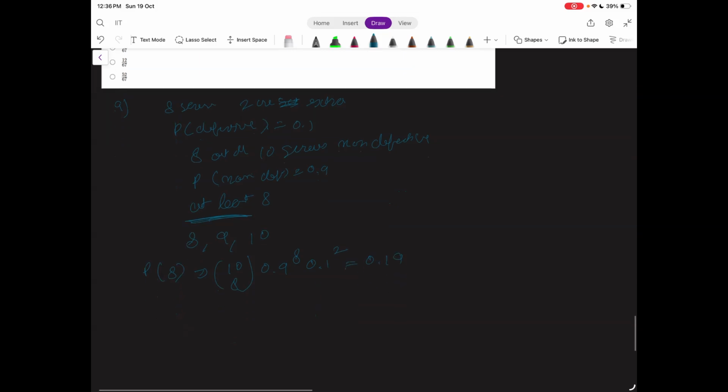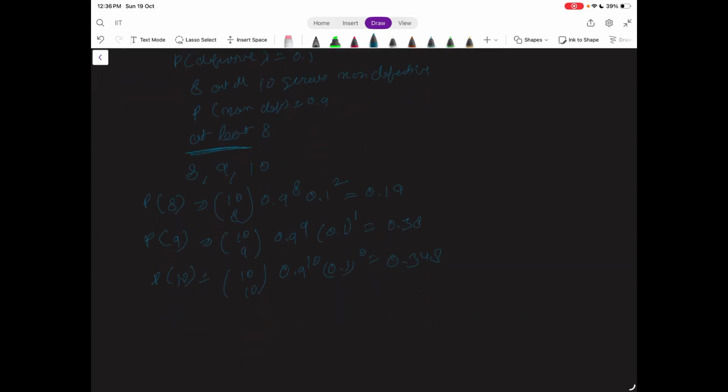The probability of having 9 non-defective screws is 10 choose 9, 0.9 to the 9, 0.1 to the 1, which is about 0.38. Then the probability of 10 is 10 choose 10, 0.9 to the 10, 0.1 to the 0, which is 0.348.